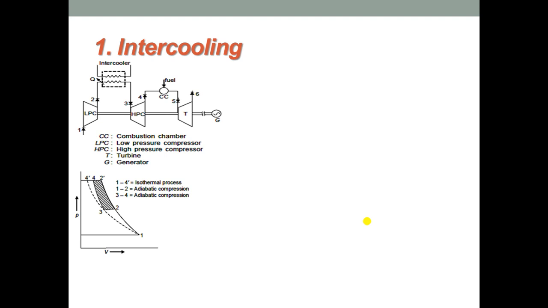The work required by the compressor can, however, be reduced by compressing the air in 2 stages with an intercooler between the stages as shown in the figure. The corresponding TS diagram for this arrangement is shown here.